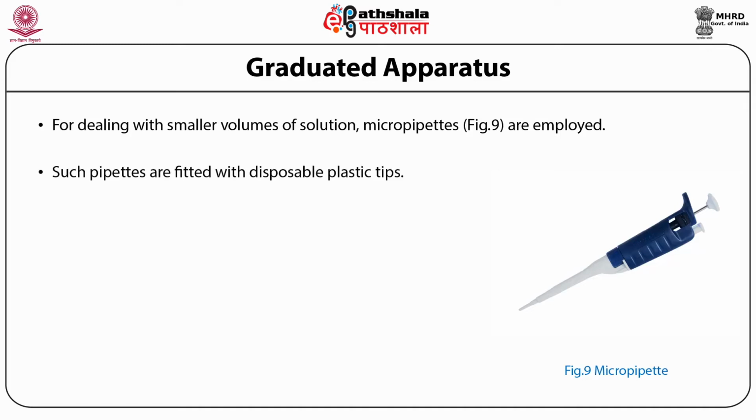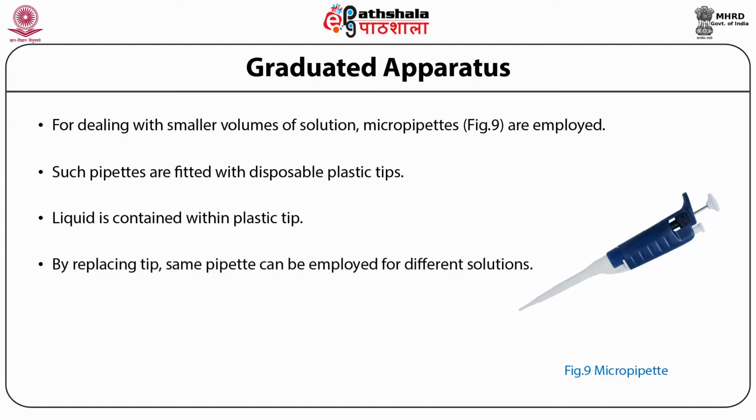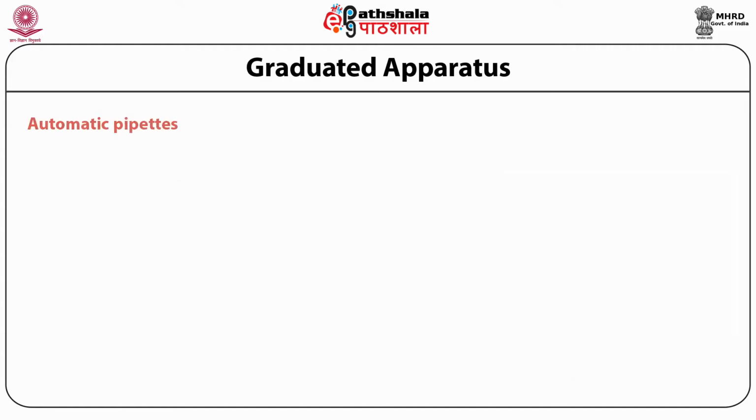Such pipettes are fitted with disposable plastic tips which are not wetted by aqueous solution, thus helping to ensure constancy of the volume of liquid delivered. The liquid is contained entirely within the plastic tip, and so by replacing the tip, the same pipette can be employed for different solutions.